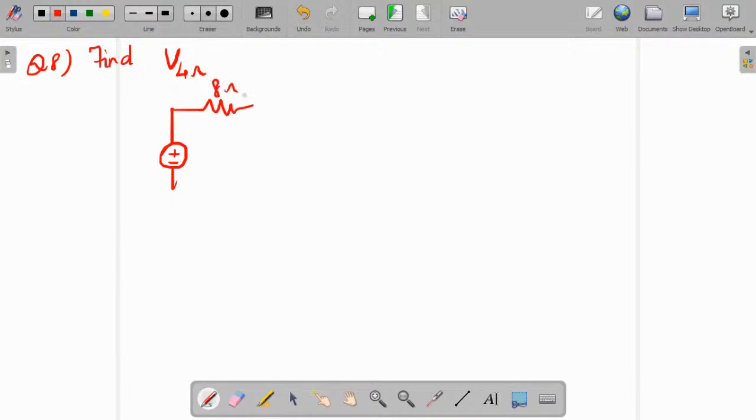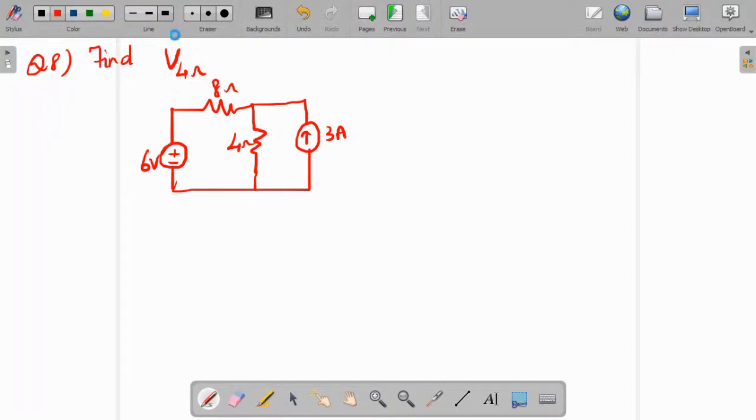This is 8 ohm. This is 4 ohms. And this is 3 ampere. This is 6 volt.